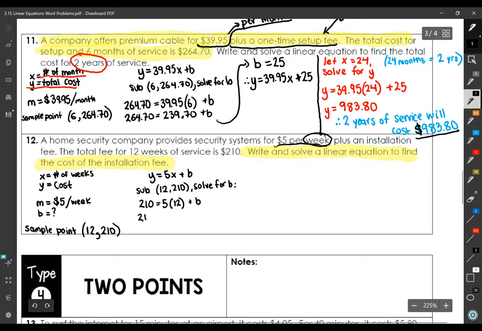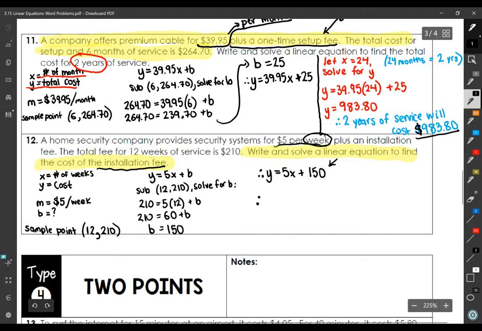Okay, I get 210 is equal to 60 plus b, and then that's going to give me b equal to 150. Okay, so that means my equation is y is equal to 5x plus $150. Okay, well, the installation fee, right, that's my initial value.